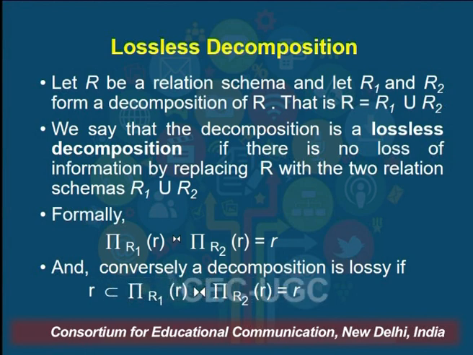Formally, these symbols, I am sure you are aware of, like pi, which we use when we talk about selection and projection in relational algebra. So we can say that if we get the original relation schema R by combining R1 and R2, then your decomposition is lossless.